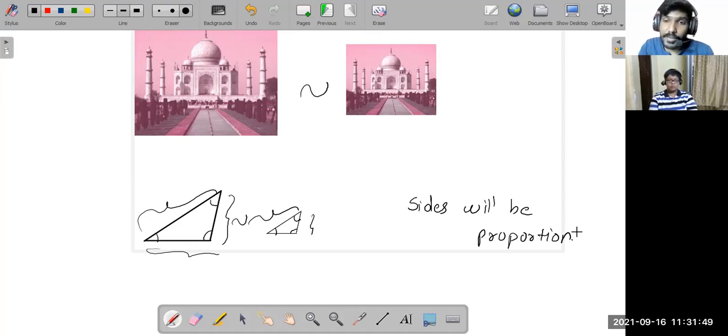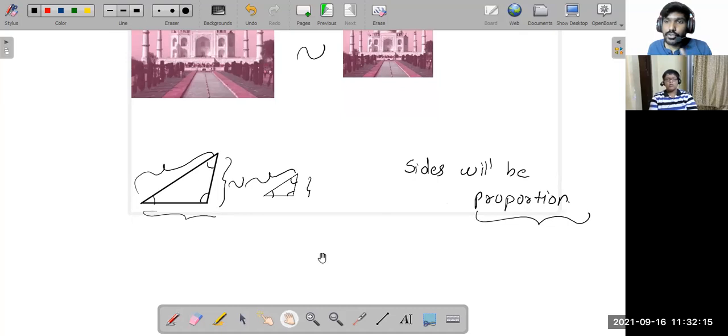But for two similar triangles, angles will be equal to each other, but sides will be in proportion. By proportion, sides will not be the same, because obviously we know one is big, one is small. So length of the sides will be different. But they are corresponding to each other and hence they will be in proportion. Now, what do you mean by proportion? The ratios of the sides will be the same.